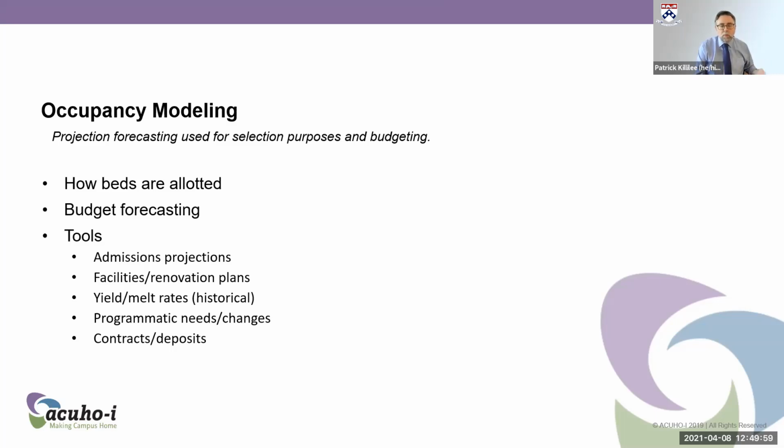What are your yield and melt rates? Again, I use 5 years in my planning. What we don't know is what COVID will do to this. So, my crystal ball is going to be a little bit fuzzy for the next couple of years, I think, because on top of everything else, Penn went from a 1 to a 2 year residency requirement that started with the class that came in this year.